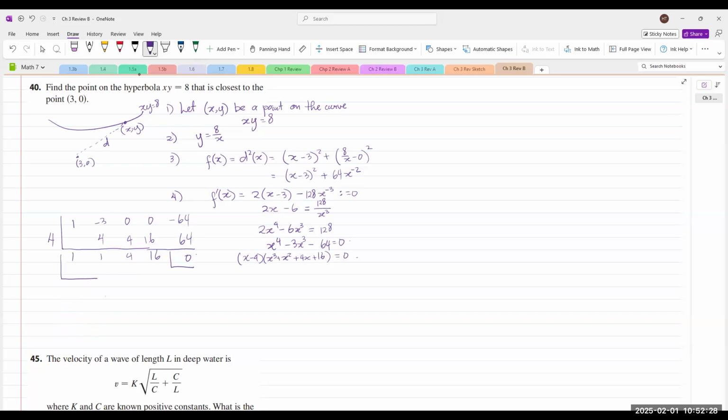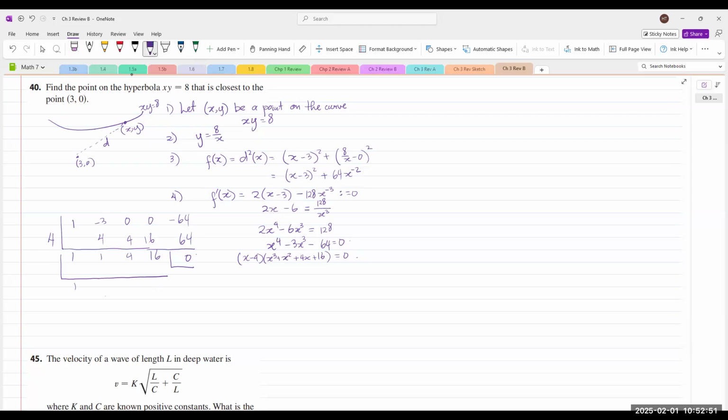Let's try a negative number. If I try -1, let me see, -1, positive 13. Okay, let's try -2. It must be a factor of 16, right?